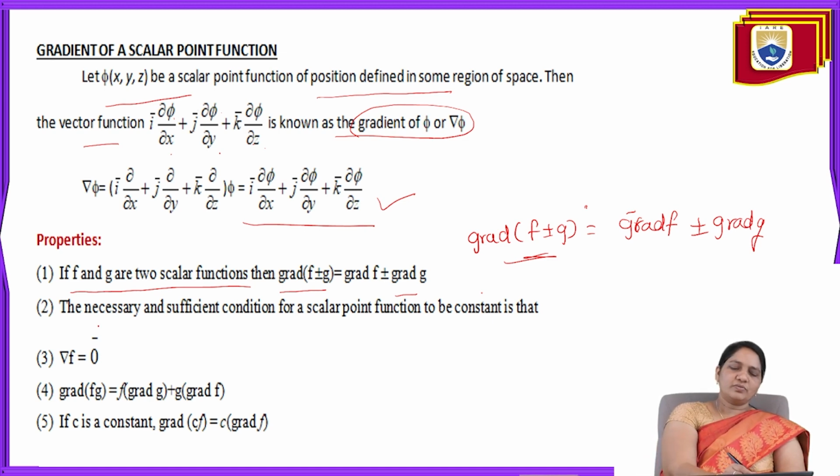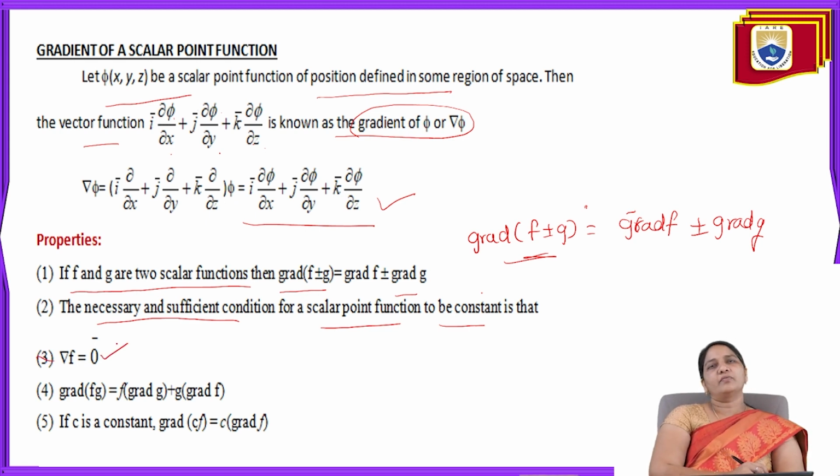Next, the necessary and sufficient condition for a scalar point function to be constant is that del phi, or del f, equals 0. So here the gradient of a constant should be 0. Now, after addition and subtraction, we are doing the product.